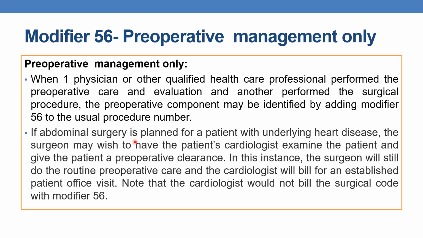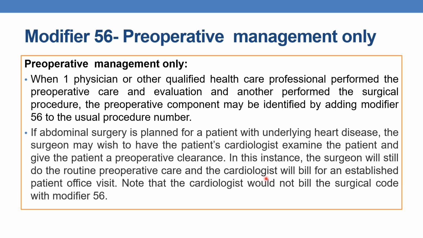If an abdominal surgery is planned for a patient with underlying heart disease, then the surgeon may wish to have the patient's cardiologist examine the patient and give preoperative clearance. In this instance, the surgeon will still do the routine preoperative care and the cardiologist will bill an established patient office visit.